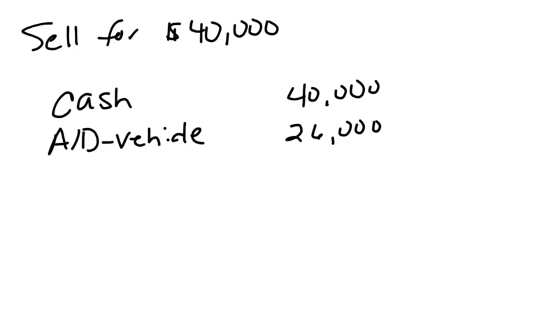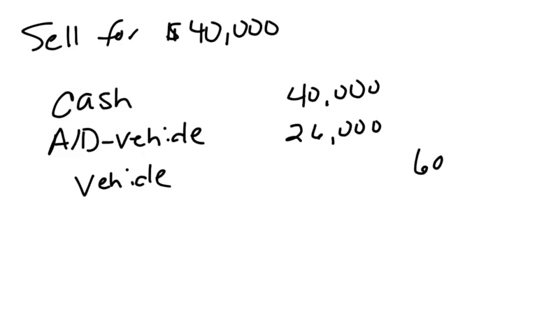So we'd still need to make that $2,000 adjustment for depreciation to get that $26,000 accumulated depreciation up to date. Okay, so I'm assuming we've already done that. All right, and then we also have the vehicle account itself with the $60,000 cost in there.